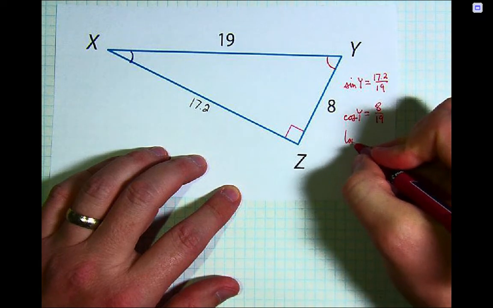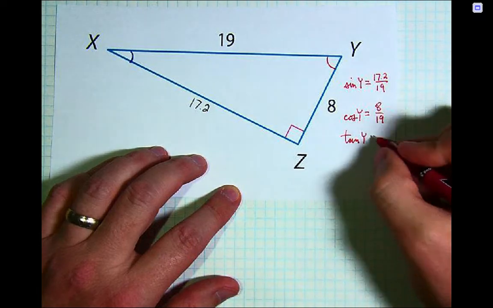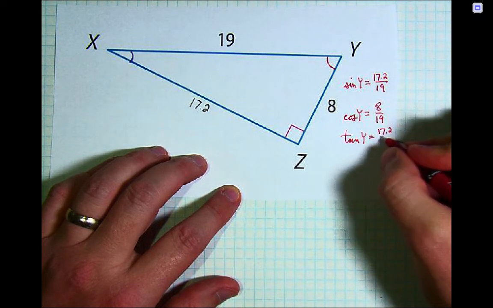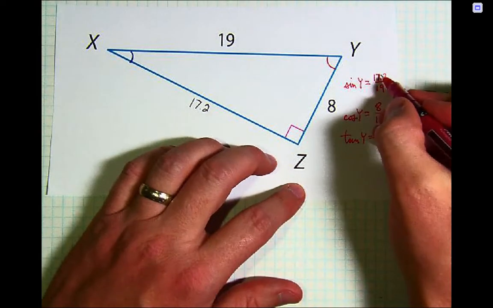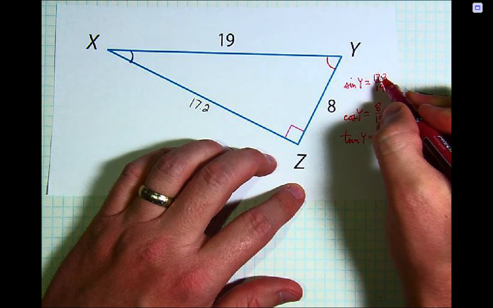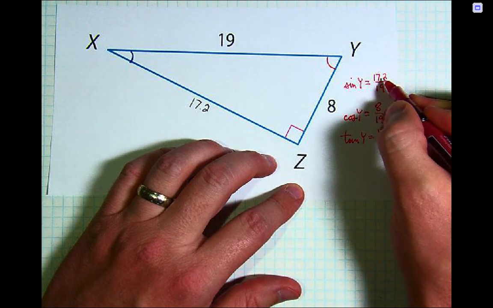I know the tangent of angle y would be opposite over adjacent. But how does that help me? Well, guess what? I could do this division, and instead of using the angle to find the ratio, could I find the ratio to find the angle?